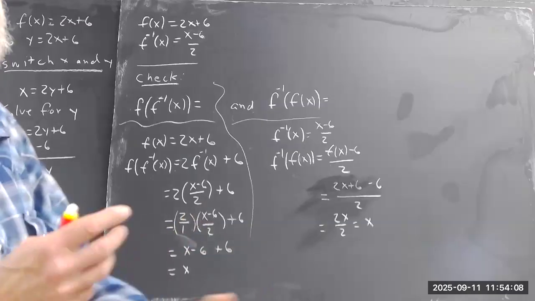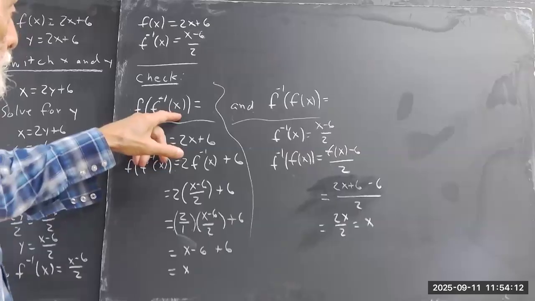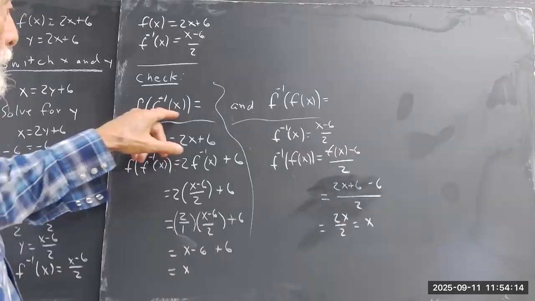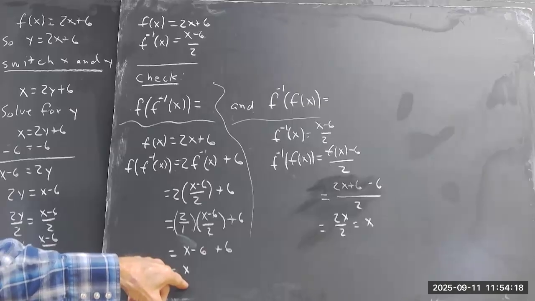The inverse function undoes the function. So if x is equal to 7, f of f inverse of x has to be equal to x. That would have to come out 7, right?